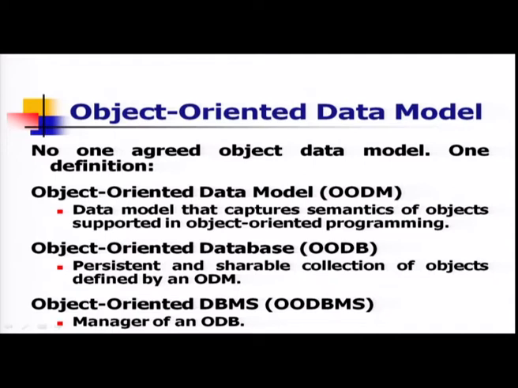So, how much of the orientation are we directing towards a data model and object oriented, or are we orienting towards large objects? The persistent and shareable collection is focusing more on large objects, binary large objects which take away a lot of space in the tables, when not many of the table entries require that. You have to block that space and you do not know how to fill it.